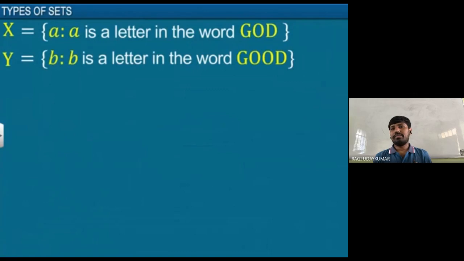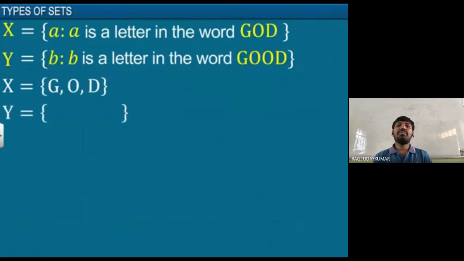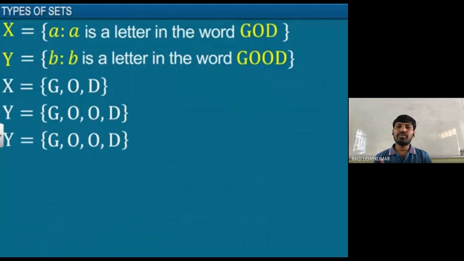Now, X is the set such that a is a letter in the word GOD. What are the letters in GOD? G, O, D. B is the set such that b is a letter in the word GOOD. In GOOD the O comes twice, but we are not supposed to write any element two times in a set. That is the main property of a set. So we get G, O, D only. Now these two sets are equal sets because the same elements are present.